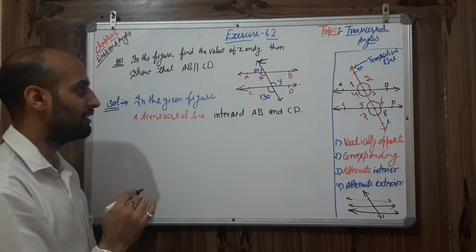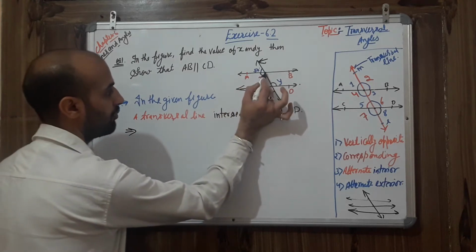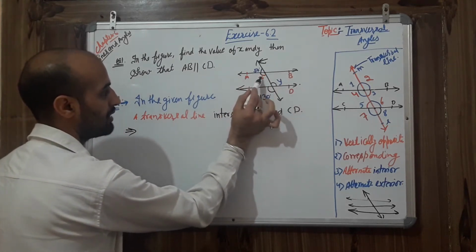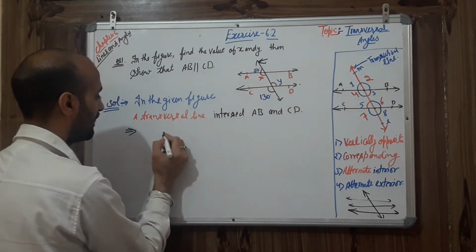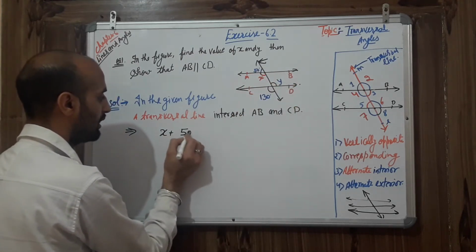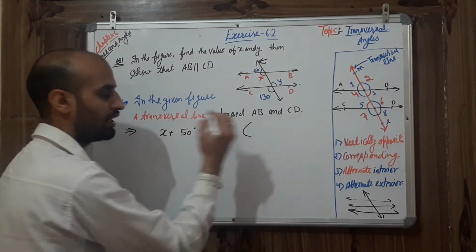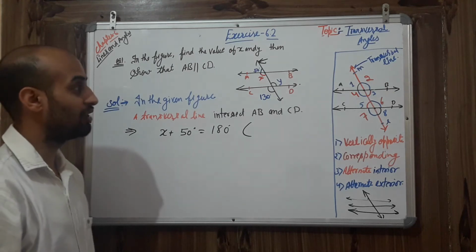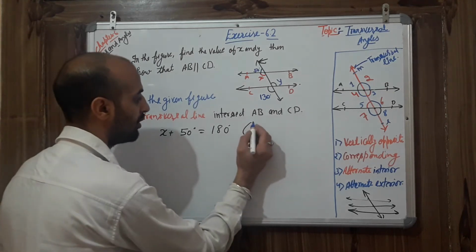So if they are intersected, therefore just take this point in your mind now. X plus 50 if I am applying, so this is on a single line. I can write x plus 50 degree is equals to 180 degree. And what is the reason? That is linear pair. You can see x and 50 is on same line. So definitely it is following linear pair.